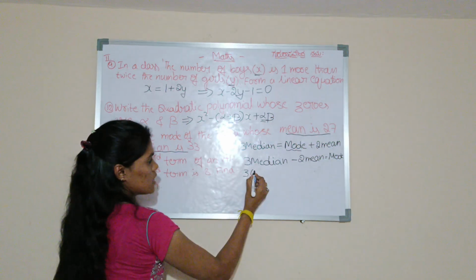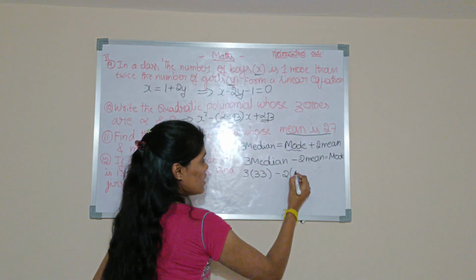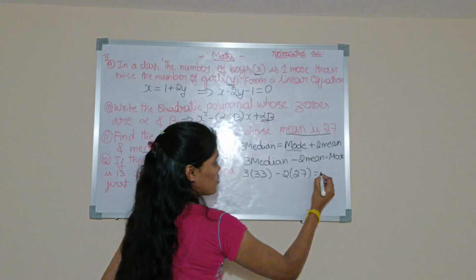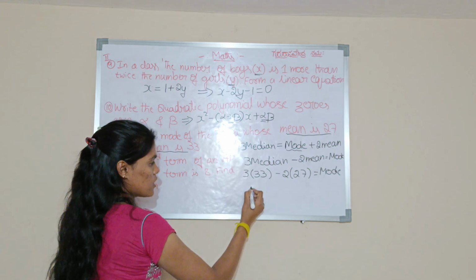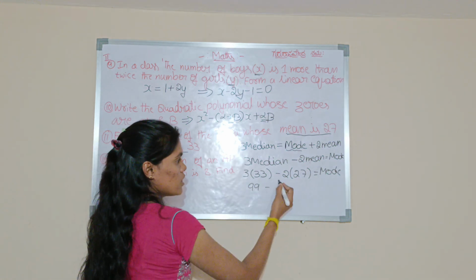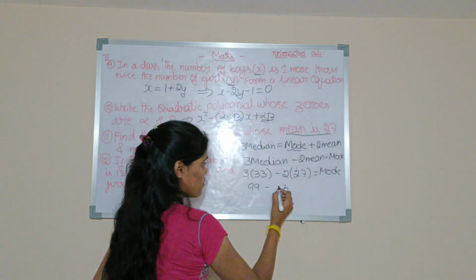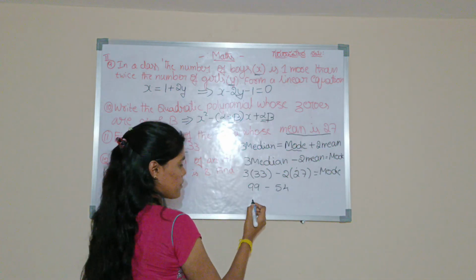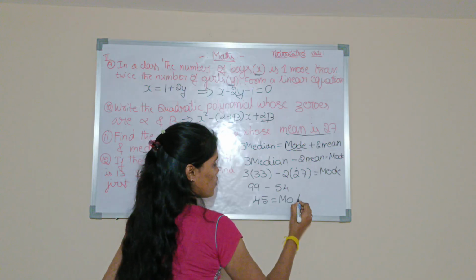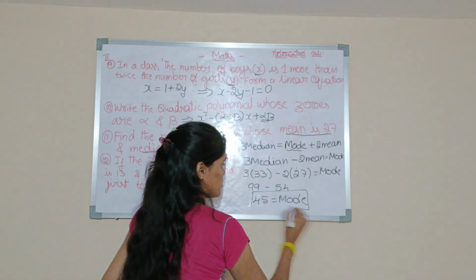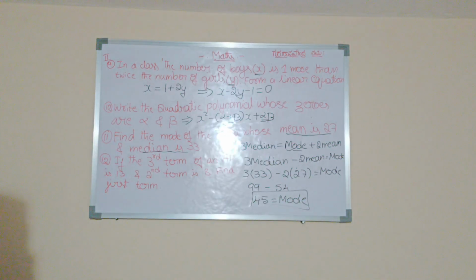Median is 33, minus 2 mean 27, is equal to mode. Then you have to multiply 3 into 33, that is 99, minus 2 into 27, that is 54. You have to do the subtraction, you are getting 45. Mode is equal to 45. Don't forget this relation, 3 median is equal to mode plus 2 mean.